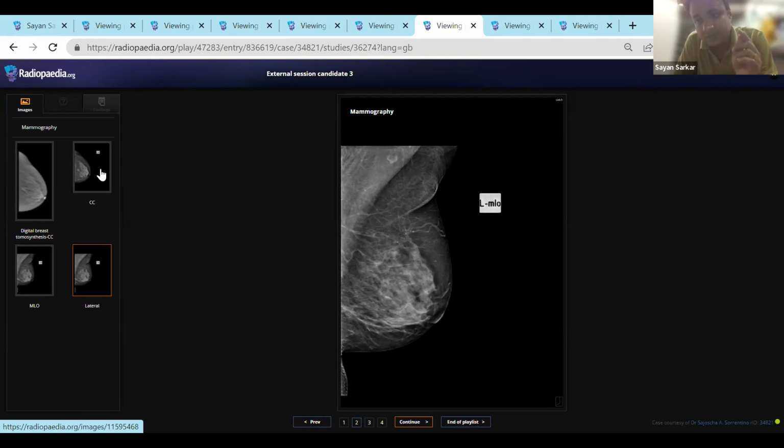What are the markers? You said loss of fatty hilum for a node. Apart from loss of fatty hilum, what are the other things that are suspicious when it comes to a node? If it's hypoechoic, and if the diameter is more than 1.5 centimeters.